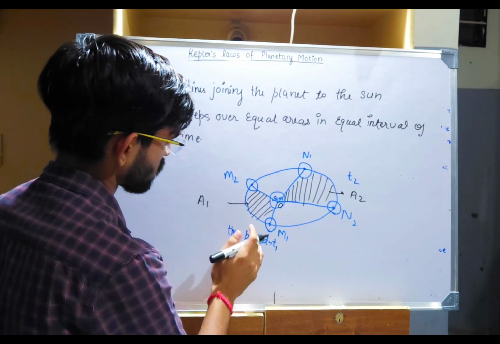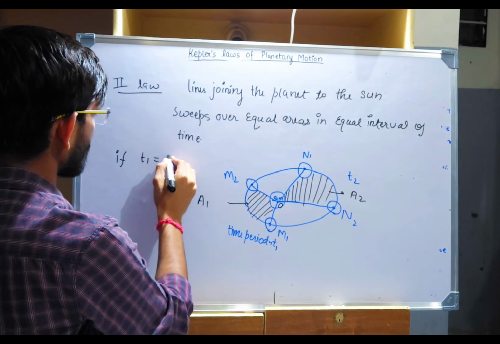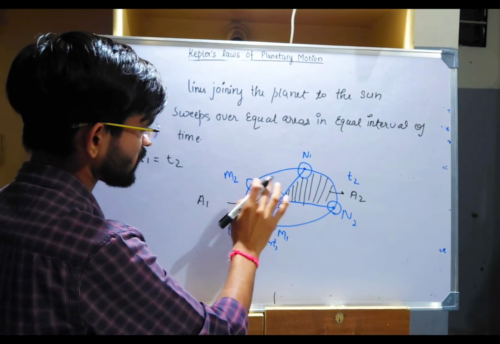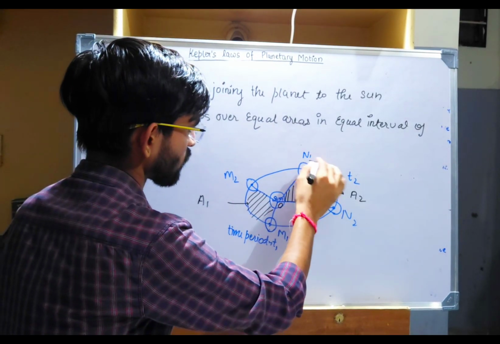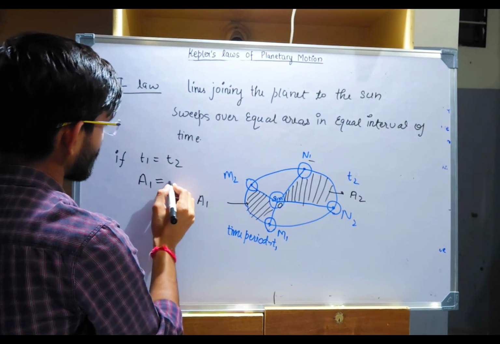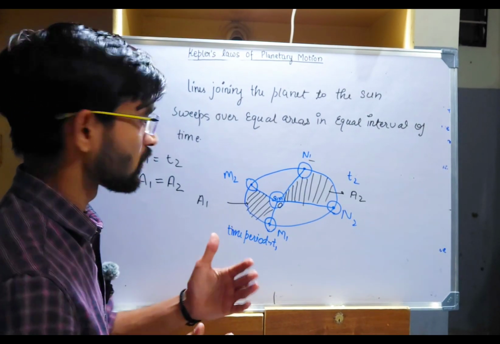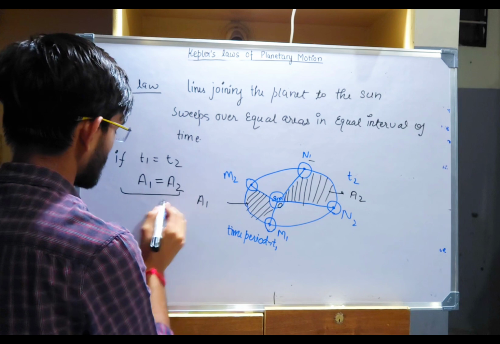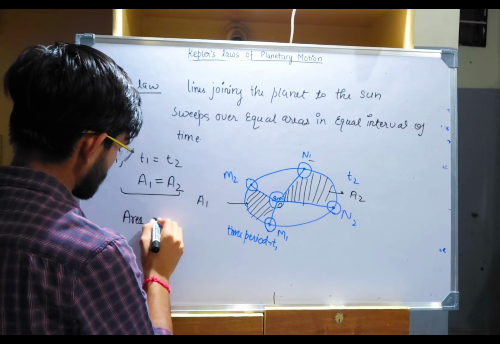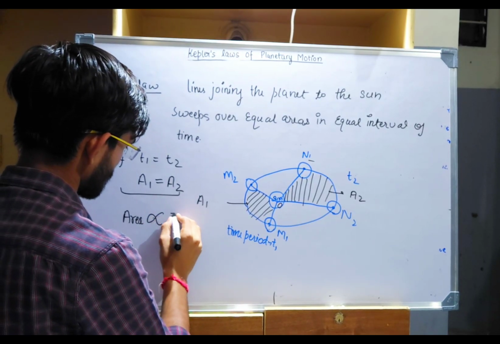Now according to this law of Kepler, if the time taken by Earth to go from m1 to m2, that is t1, is equal to t2, then the area covered from m1 to m2 will be equal to the area covered from n1 to n2. If time is equal, area covered will also be equal. That means area covered is directly proportional to time taken.